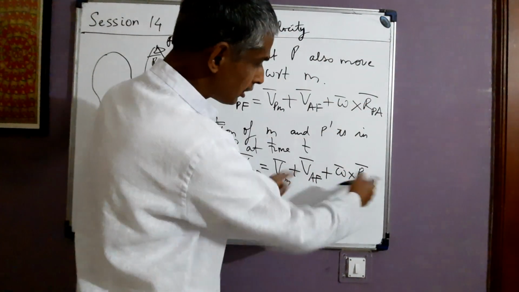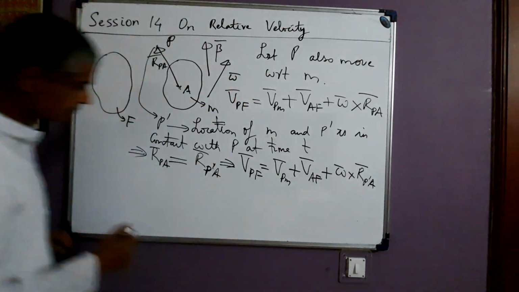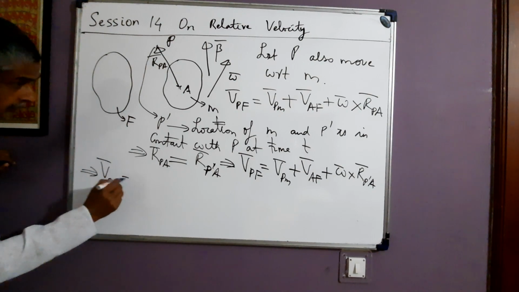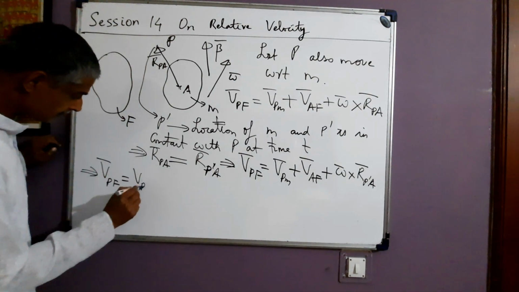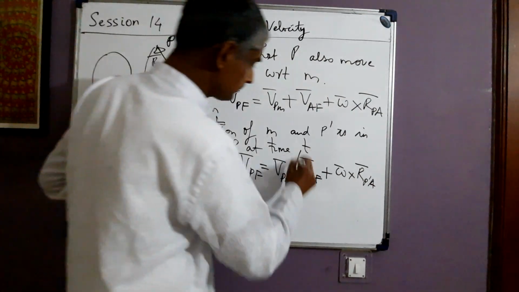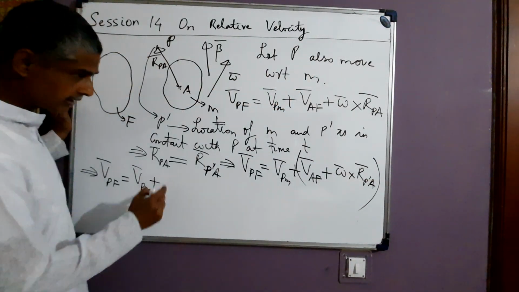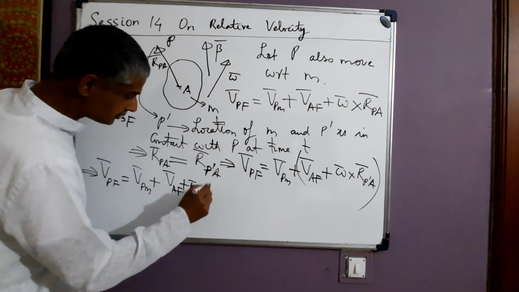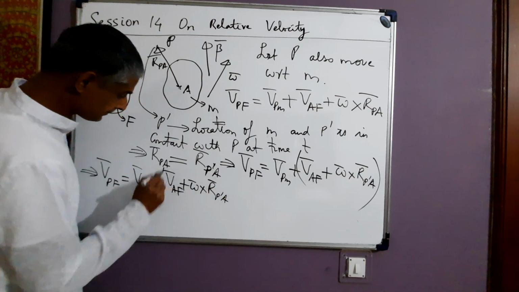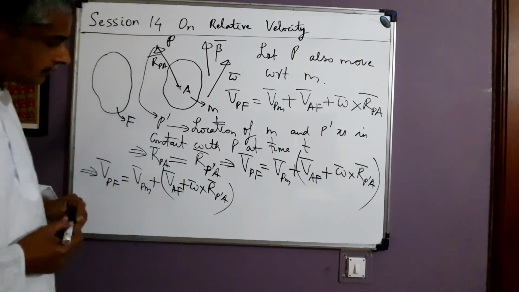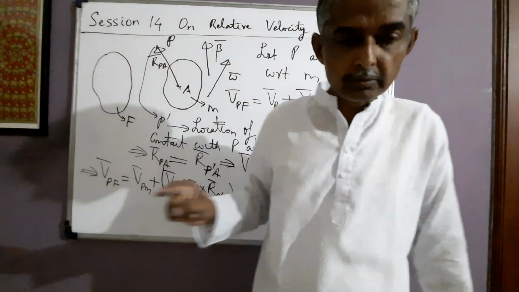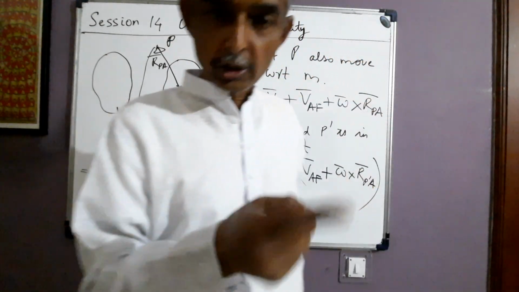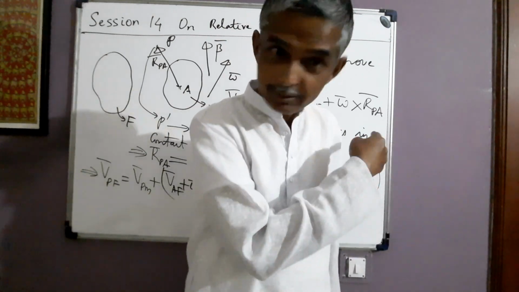Now we interchange the order of the terms, since vector addition is commutative. So VPF will be equal to VPM plus VAF plus omega cross RP dash A. Now, before this I derived the general relation between velocities of two locations of M, A and P dash: VPF equals VAF plus omega cross RPA.